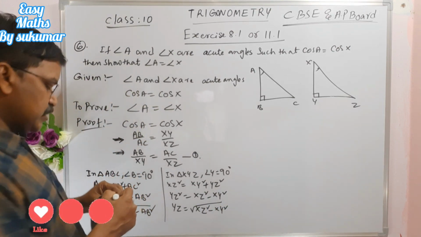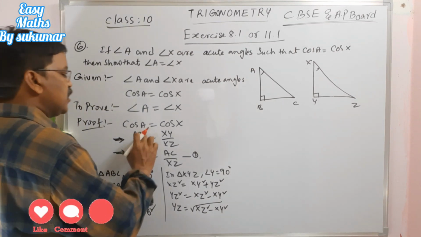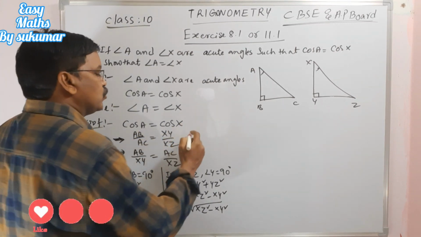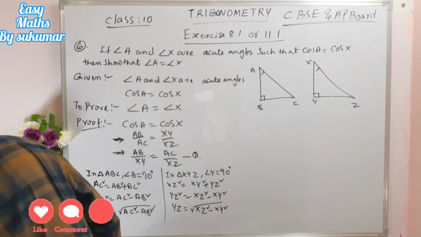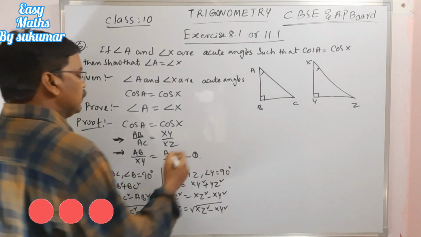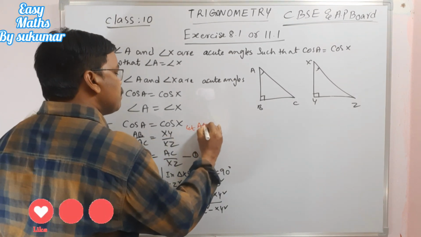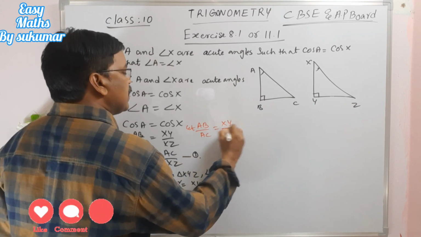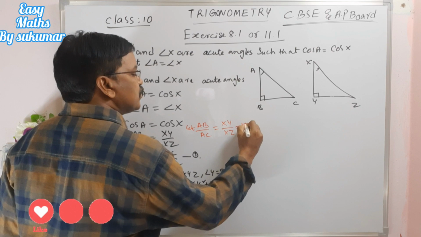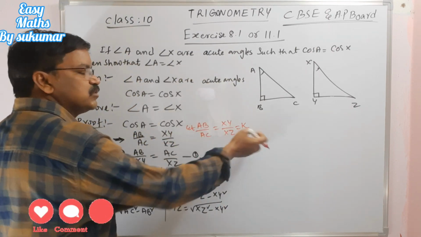My dear students, in this equation AB by AC is equal to XY by XZ, let us take this ratio equal to a small k. AB by AC and XY by XZ is equal to k.